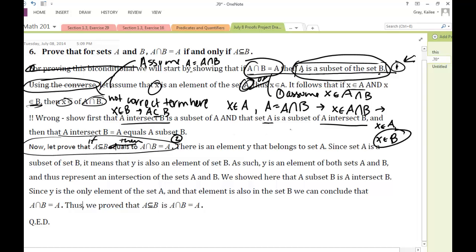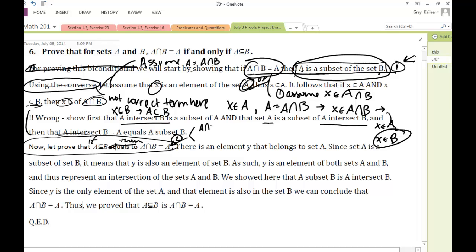And I think maybe you're just trying to make a note to me here, so I'm going to ignore this sentence here. So now we want to prove if A is a subset of B, then A intersect B is equal to A. So you're saying, okay, we're trying to prove set equality here. So there's two parts of this that we have to complete.